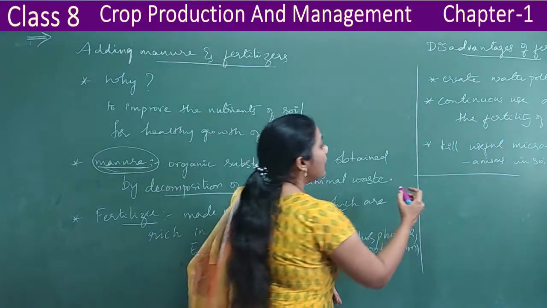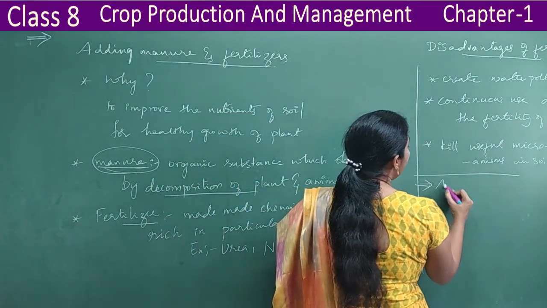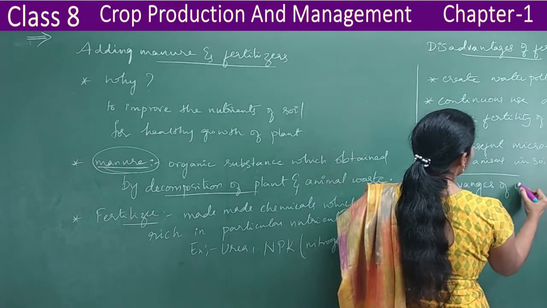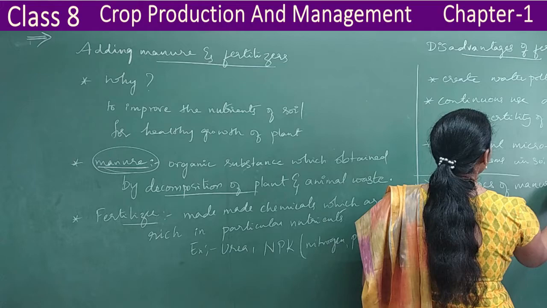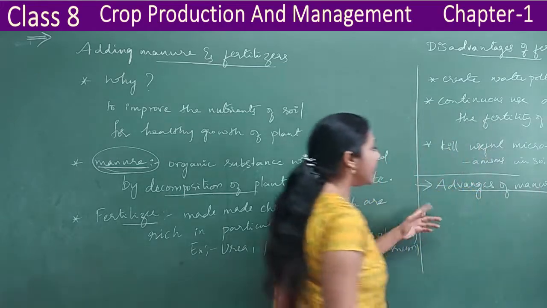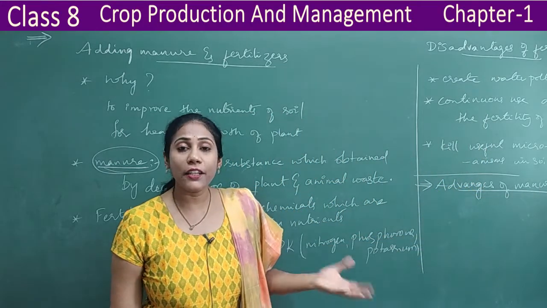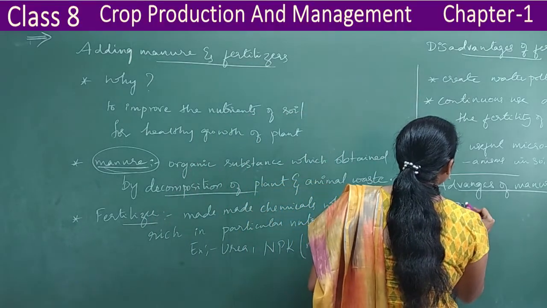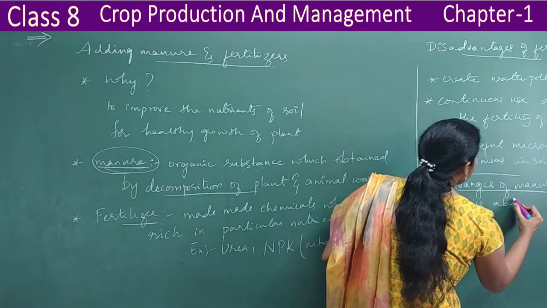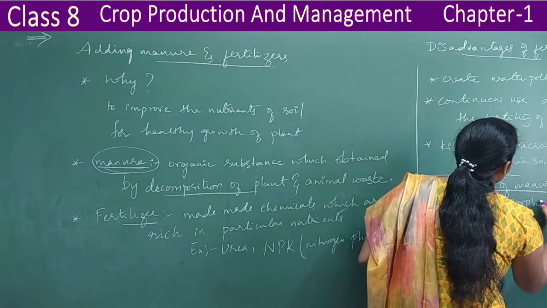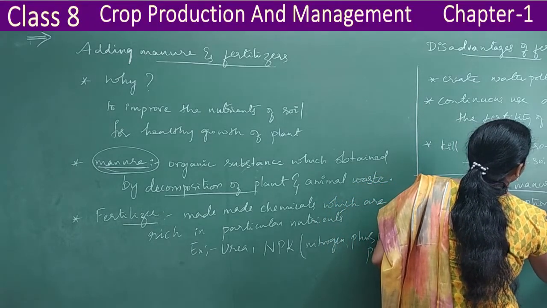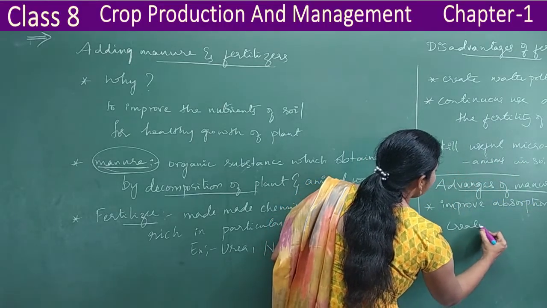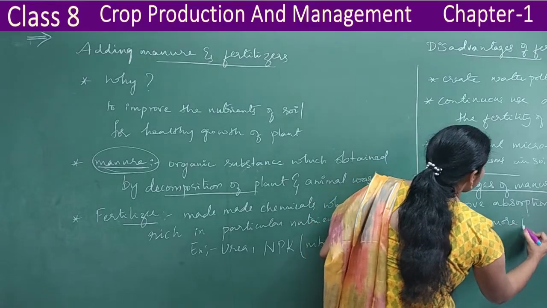Now I am going to discuss the advantages of manure. Now you got to know the difference between fertilizer and manure, right? Let us see what advantages there are for using manure. This manure can improve absorption of water, and it creates more pores in soil.